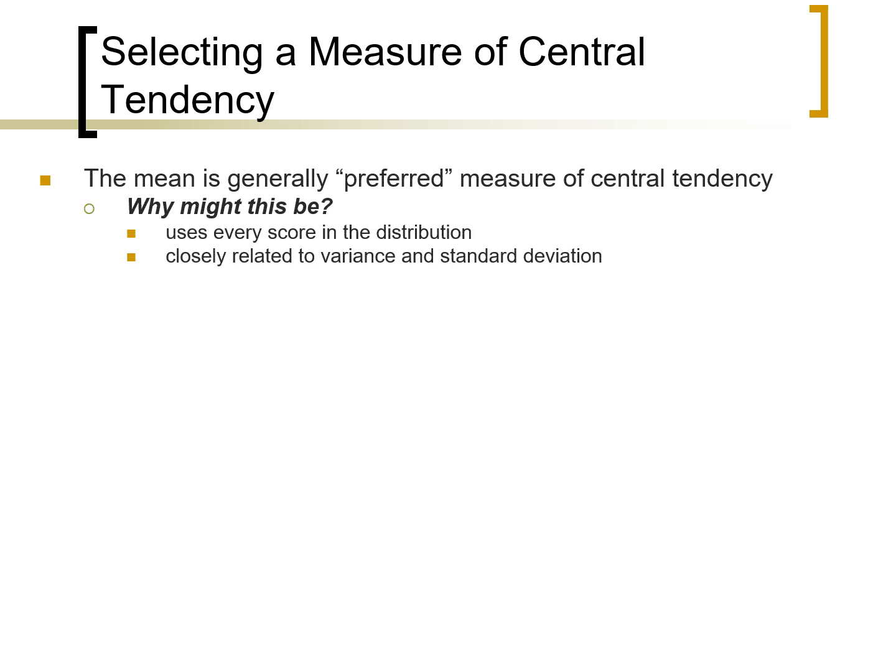We've talked about some of these classifications and considerations, but we want to use the mean for the most part, and here is a very important point. Because the mean includes the value of every score in the distribution. That's going back to our sigma x that's used to calculate it.